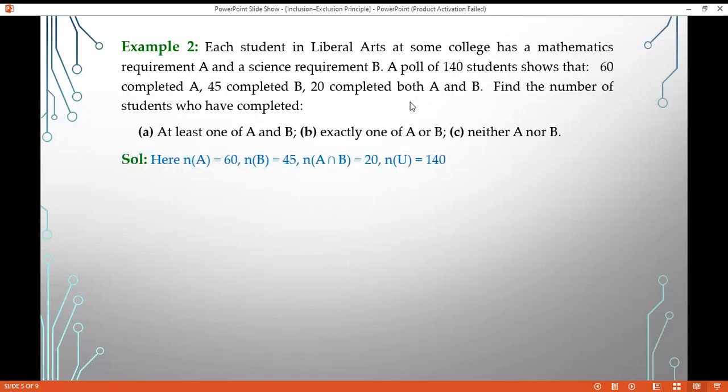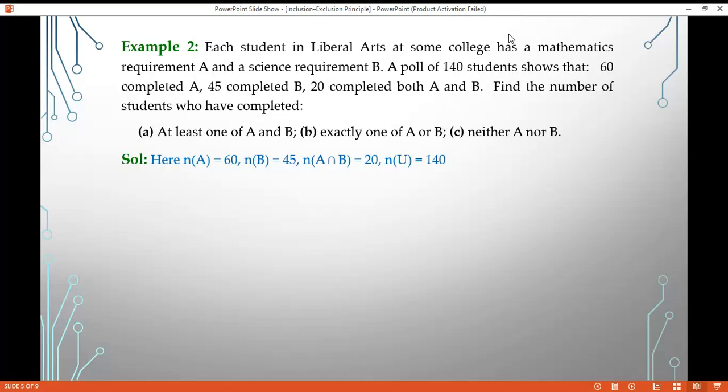So first of all we write what we have from the question. Here we have the number of A, meaning those who completed the requirement A, that is 60. So number of A is 60, number of B is 45, and 20 are in both A and B. So number of A intersection B is 20.